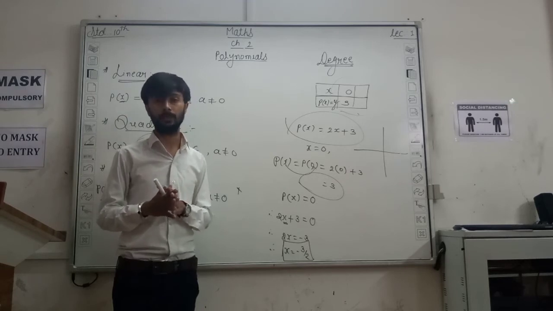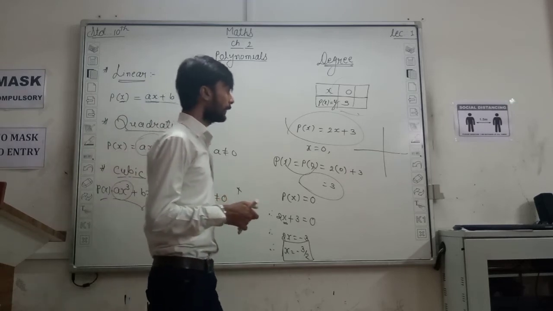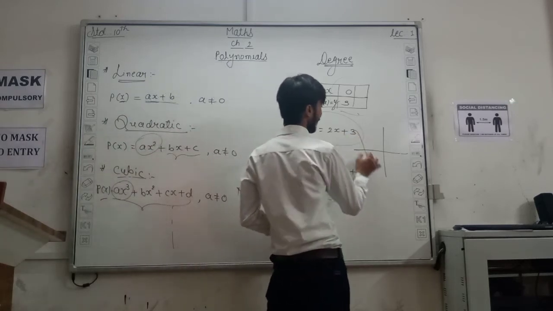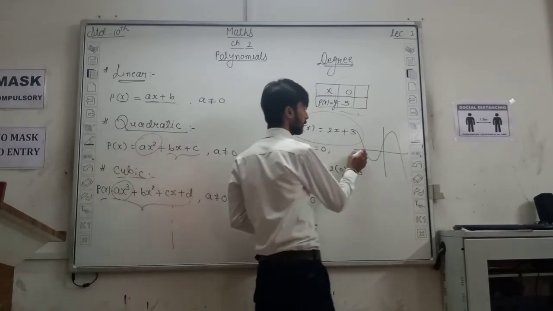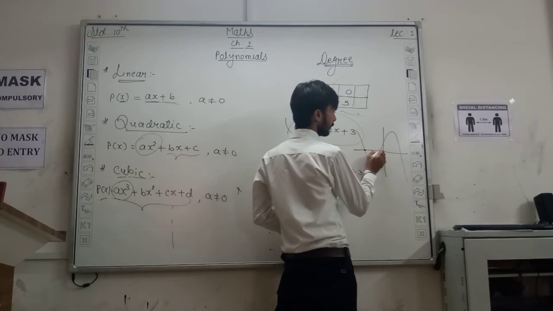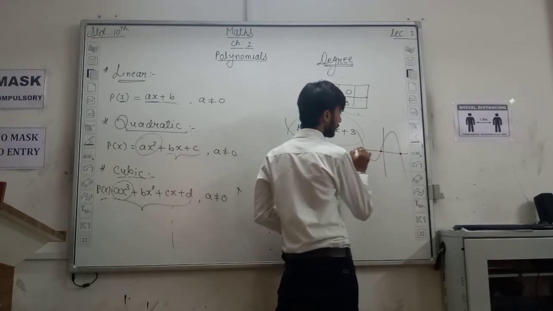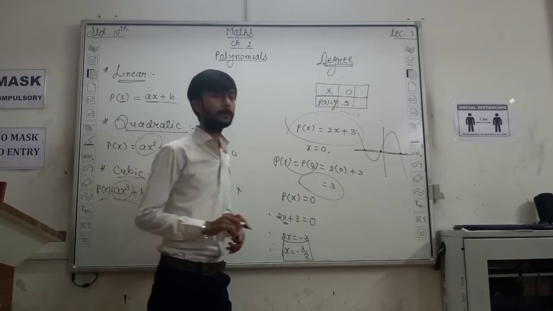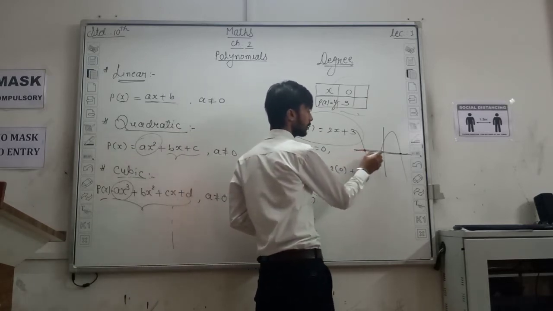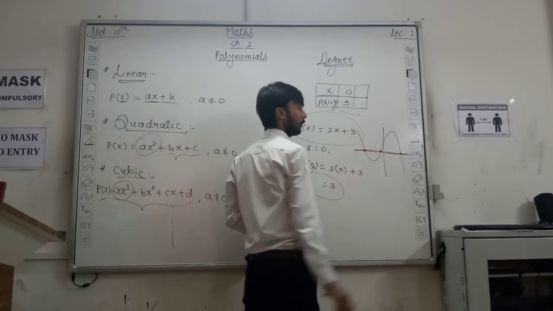That means the zeros of that particular polynomial. Okay, so if we have a graph like this which intersects the x-axis at 3 points, we can say that the number of zeros is 3. Why?